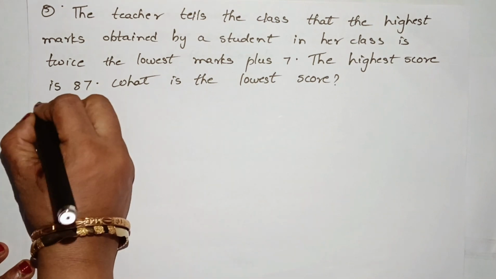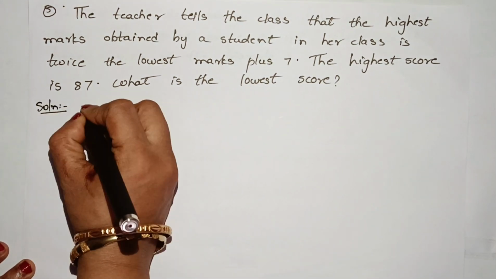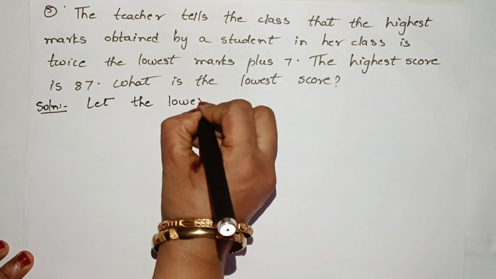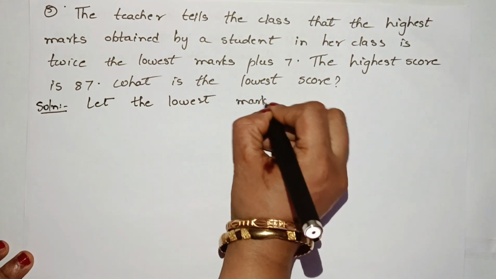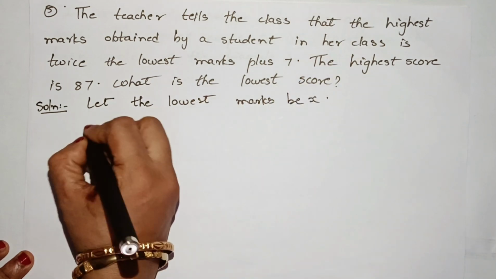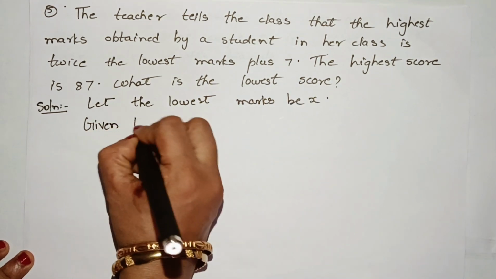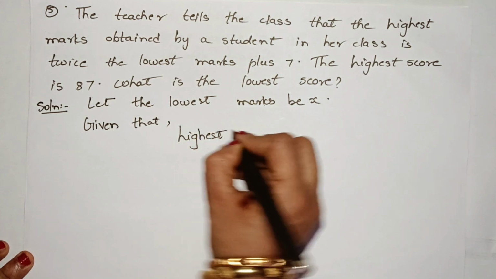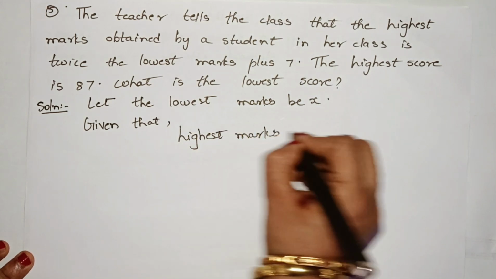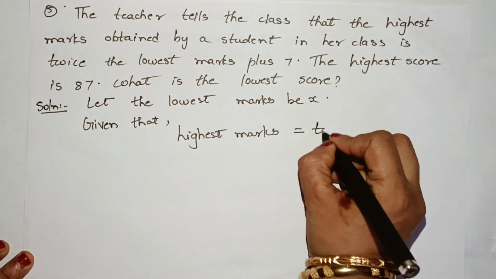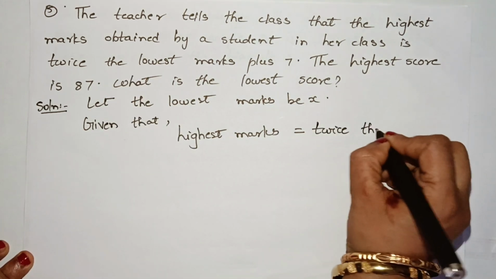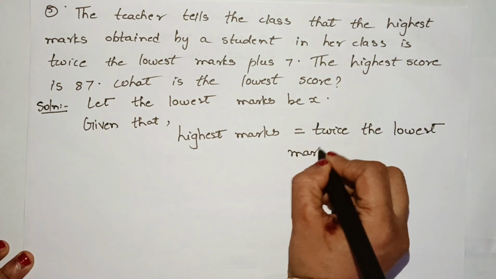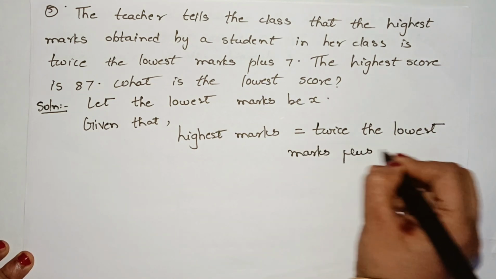Let's start. Let the lowest marks be x. Given that highest marks equals what they said? Twice the lowest marks plus 7.